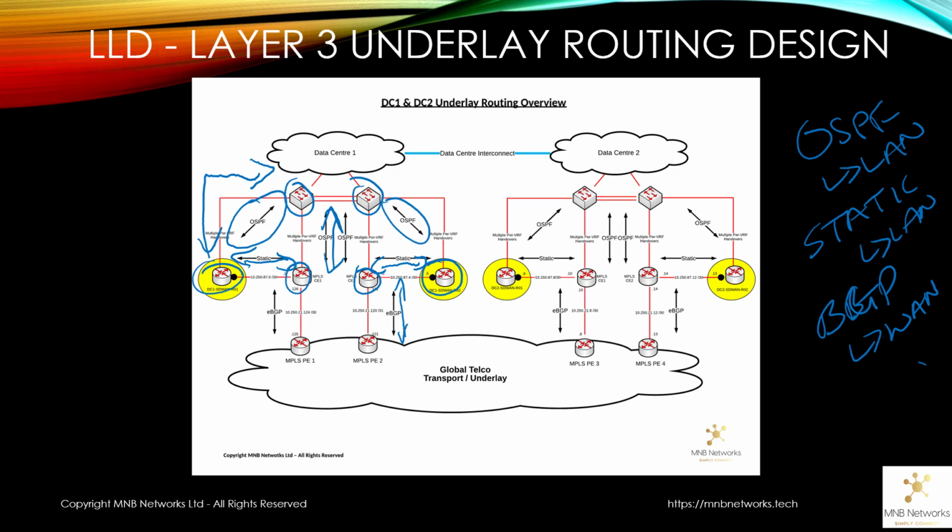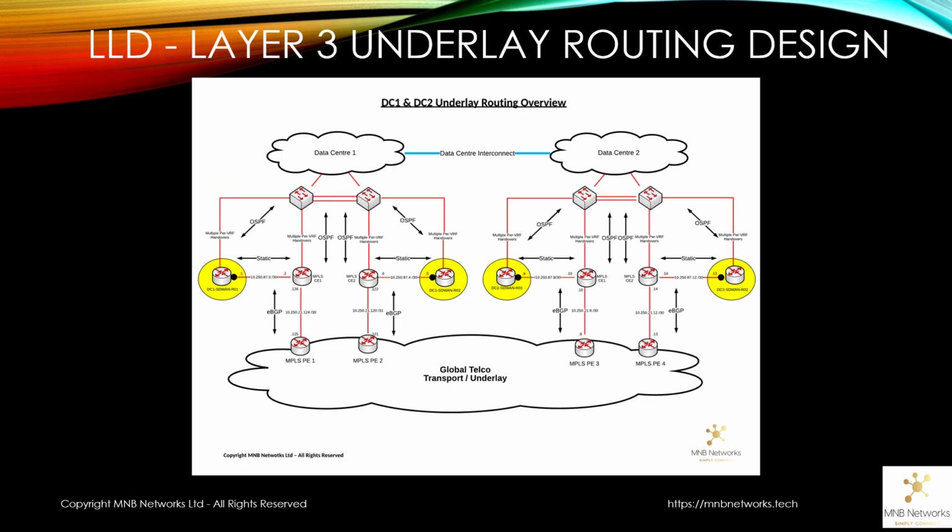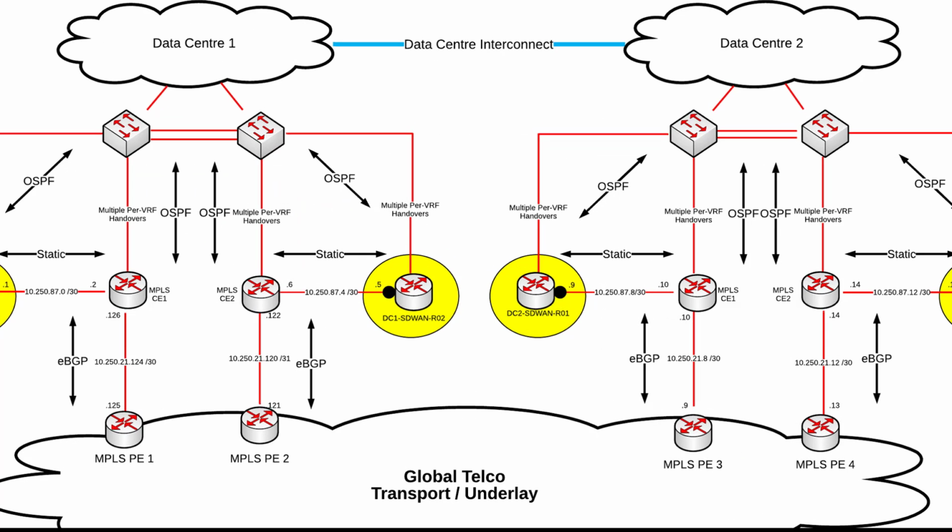This diagram provides a very easy to understand overview of that when you take it at face value and zoom in. And this is the objective when we are doing low-level design, is to illustrate things like this.